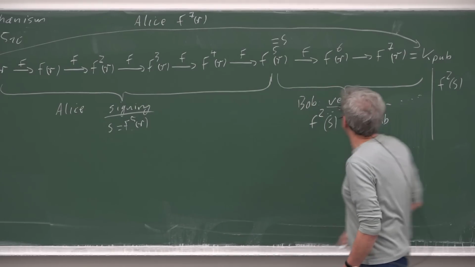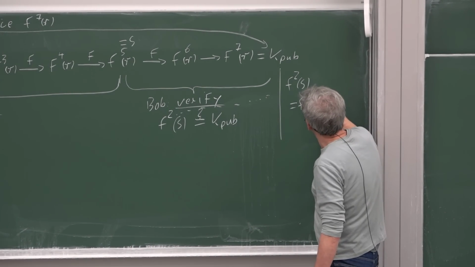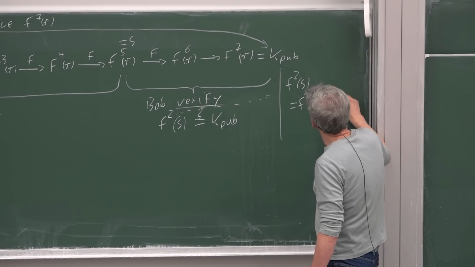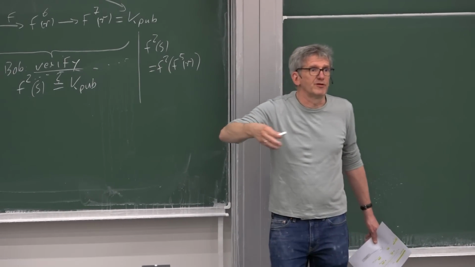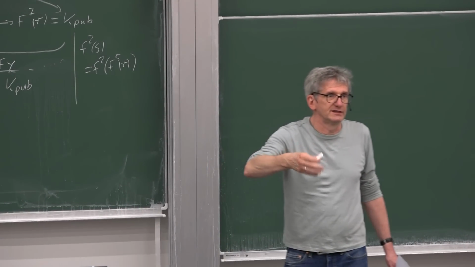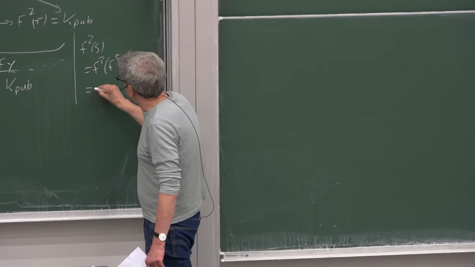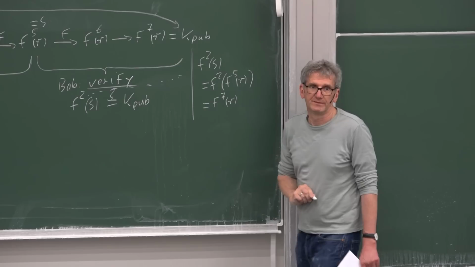You see that? So this is equal to f squared applied to f to the fifth of r. And this is actually just regular power laws, Potenzierung. This is equal to f to the seventh. Okay?